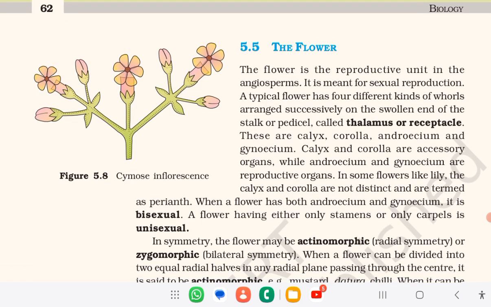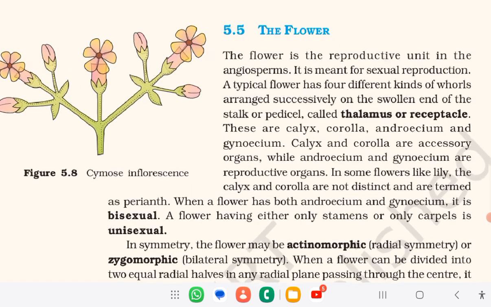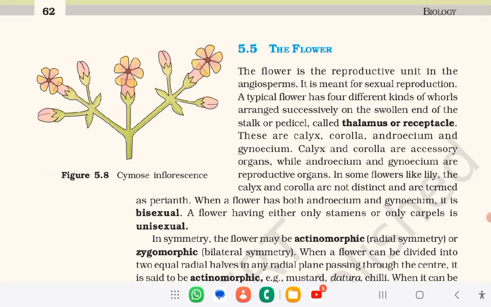Now 5.5, the flower. The flower is the reproductive unit in the angiosperms. It is meant for sexual reproduction. A typical flower has four different kinds of whorls arranged successively on the swollen end of the stalk or pedicel, called the thalamus or receptacle.